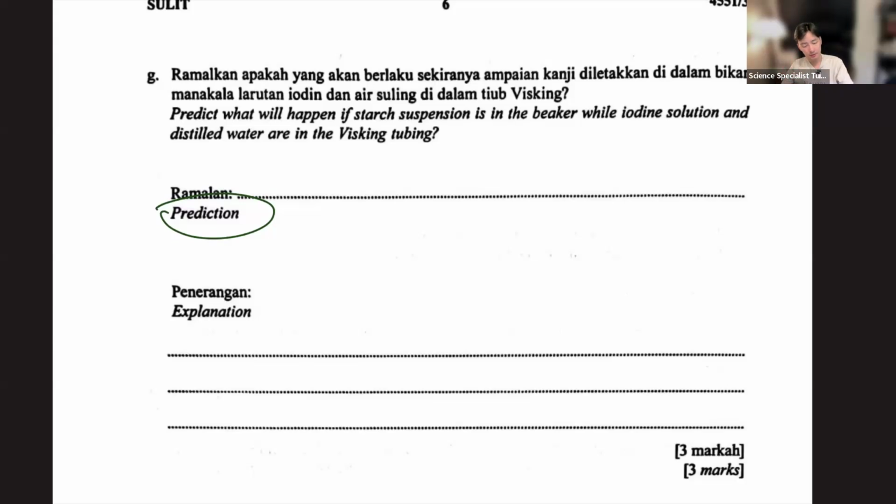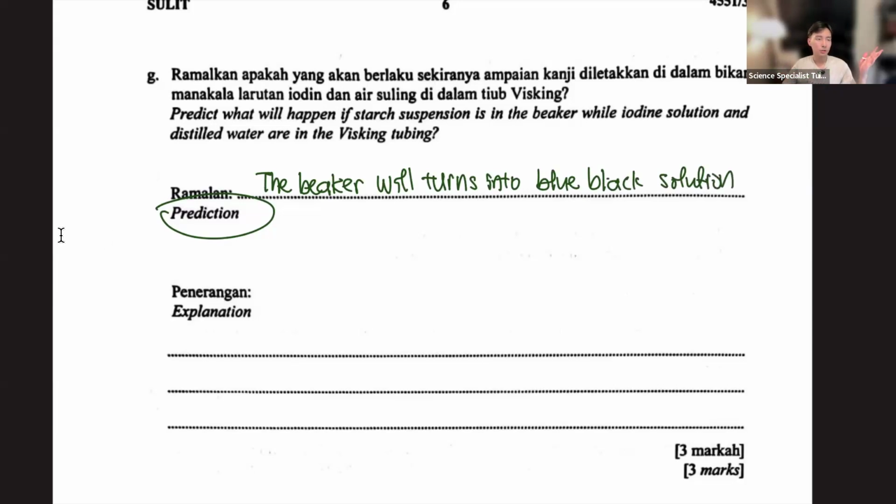The beaker will turn into blue-black solution. You want to write from cloudy? Okay, no problem, you can go ahead with from cloudy. So it is out of the semi-permeable. Very good. Perfect. 3 marks.